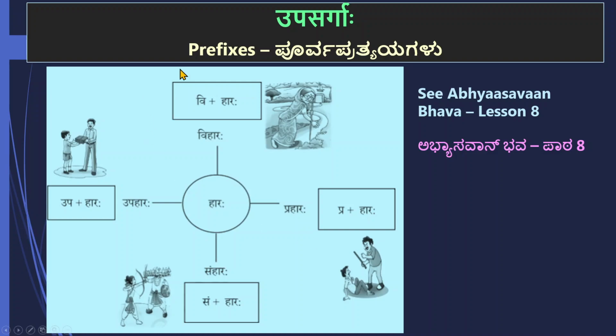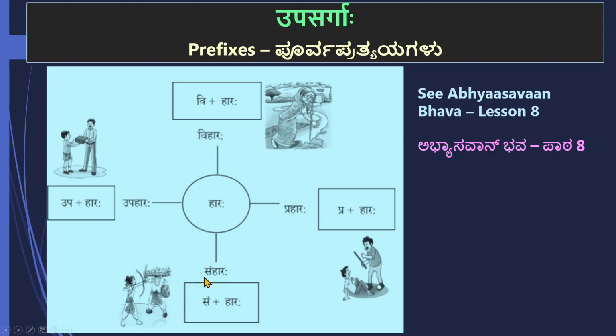Before we go to that, we should know what is meant by upasarga or prefix. Suppose you have a word called haraha, apply a prefix called vi, then you see it becomes viharaha. Vihara means a stroll in the garden, like that. If you have the upasarga upa, then upaharaha means a gift given by somebody to somebody. Pra, if you add the upasarga pra to haraha, it becomes prahara, means hitting somebody.